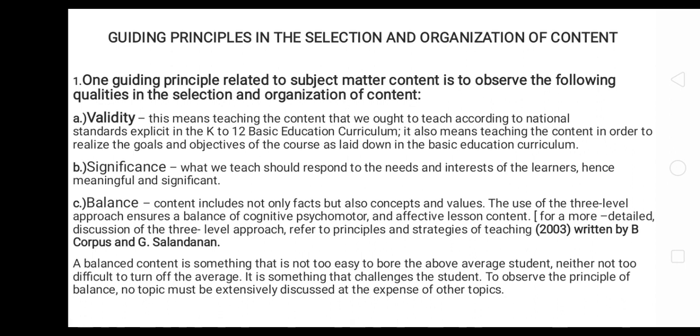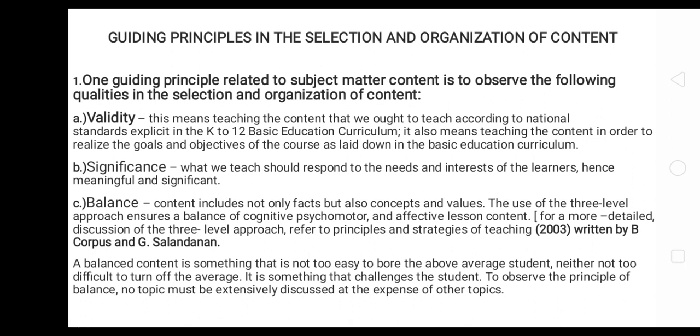It also develops the 3 domains of learning, namely the cognitive, affective, and psychomotor skills, and considers the cultural aspect of the learners. Particularly, if your students come from different cultural backgrounds and races, the subject matter must be culture sensitive. In short, select a content or subject matter that can achieve the overall aim of the curriculum.